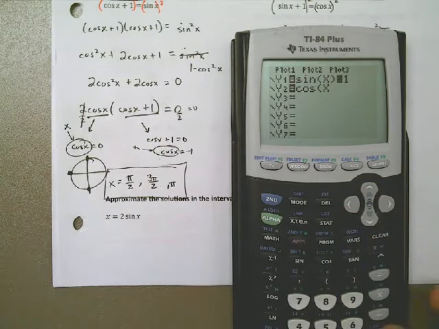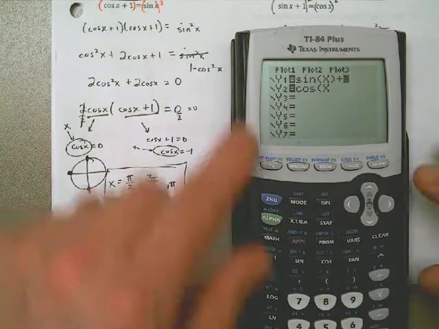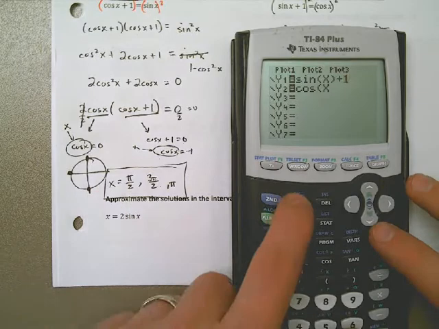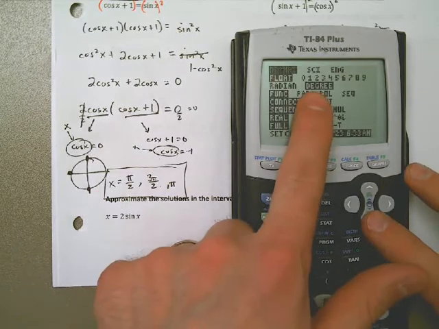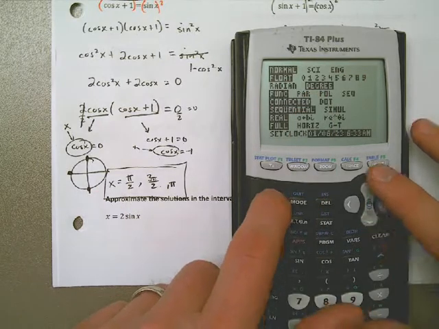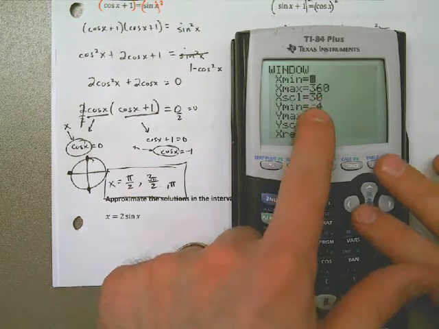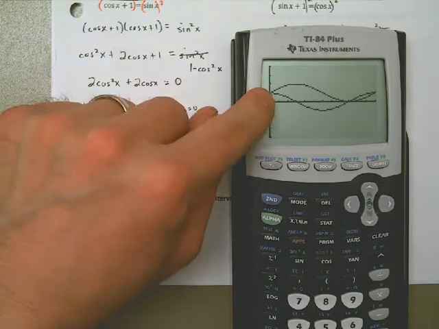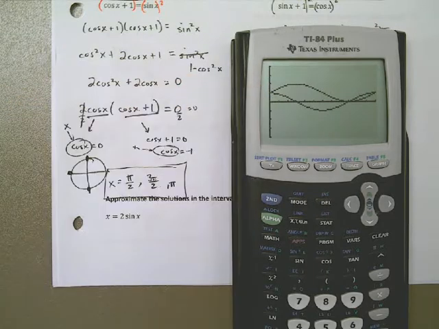The only reason I'm using degrees instead is because the numbers are going to make a lot more sense to me. If I graph this from 0 to 360, I'm going to see here comes the sine of x plus 1, and here comes the cosine of x. I'm going to see those only meet up at a couple of locations. And those locations are 0 degrees, or 0 radians.